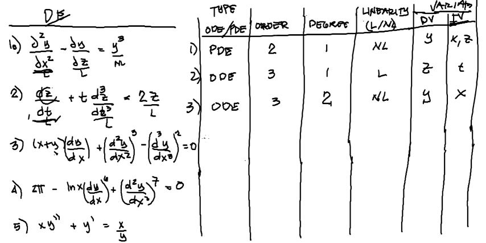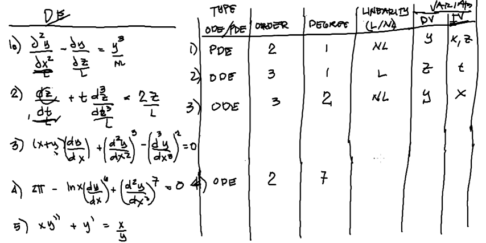So for our number 4, the type is once again ordinary, ODE. Then our order, what is the highest order derivative, is this part. So the highest order is 2. And then the degree of this highest order derivative is 7.